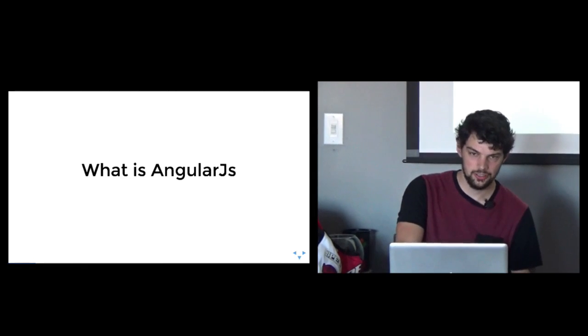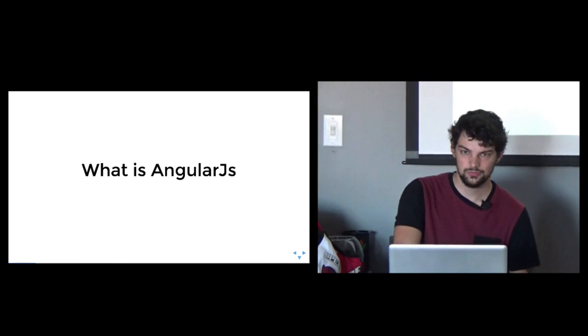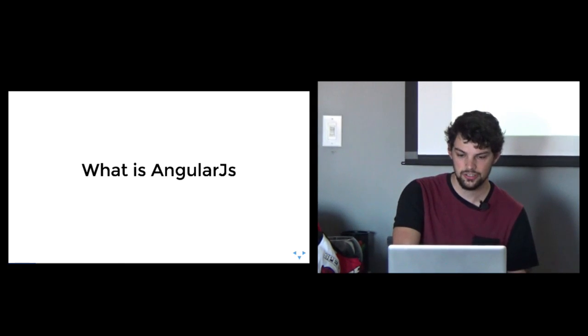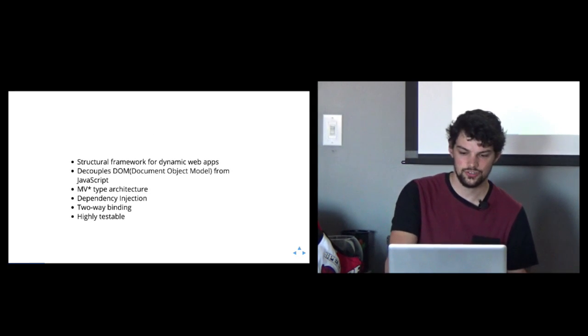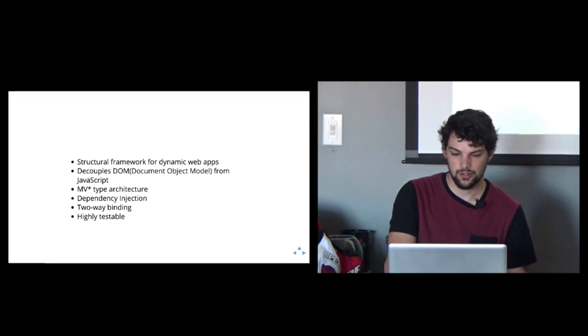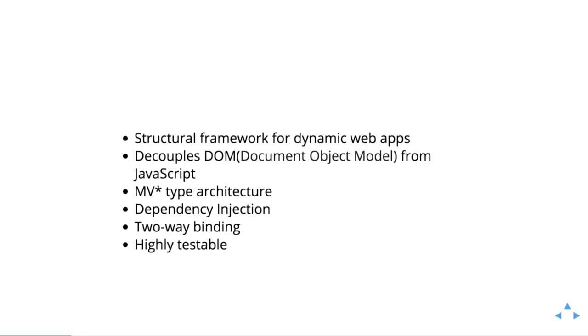We talked about exactly what Angular was and some benefits of using it, which is a structural framework for dynamic web apps. It decouples the DOM from JavaScript. It's an MV star type architecture. We can do dependency injection, which we saw when we created controllers, and we'll see some examples later when we're creating services as well.